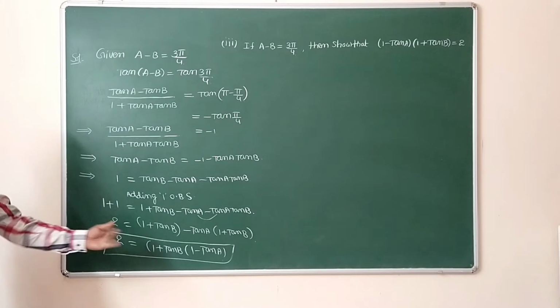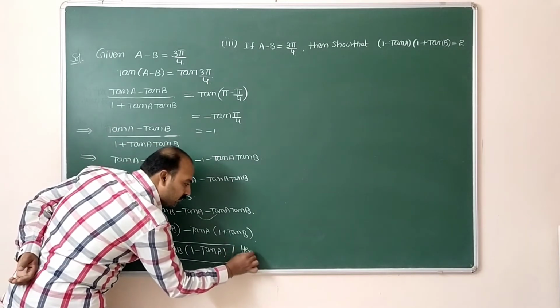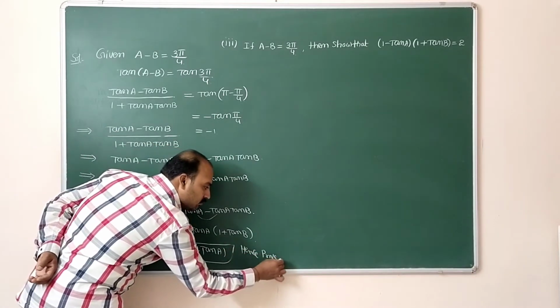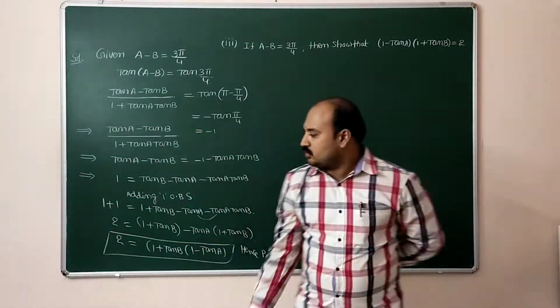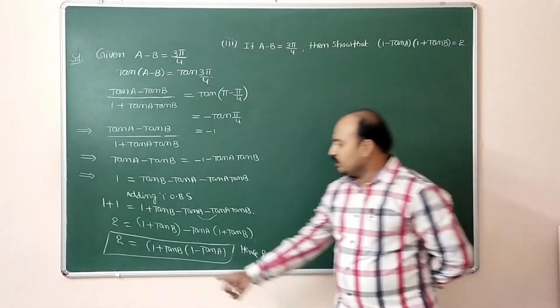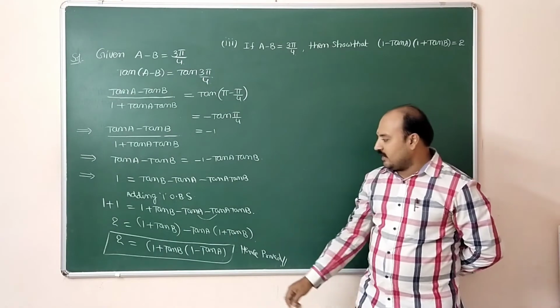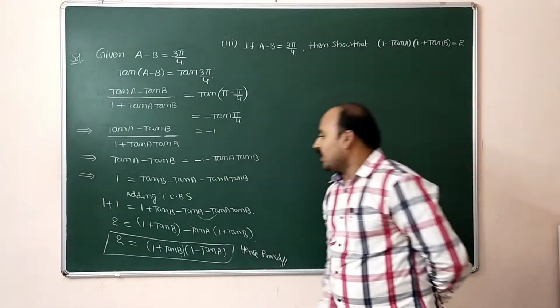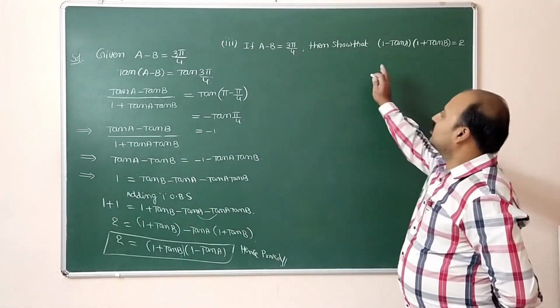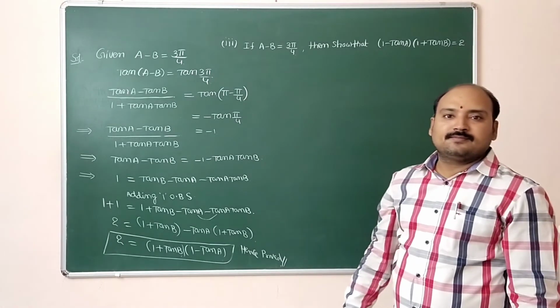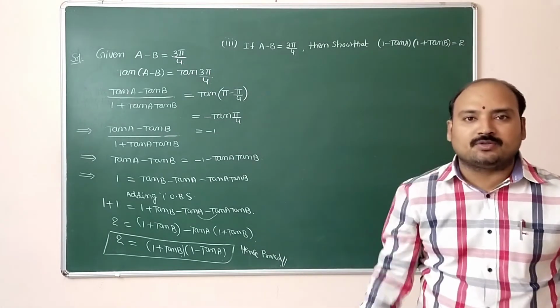They are asking to prove this result only. So this is the result: 2 equals 1 plus tan B into 1 minus tan A. This is the third question. We'll move to the next question.